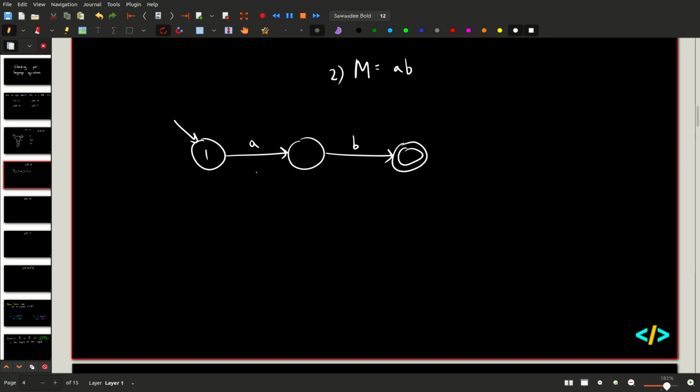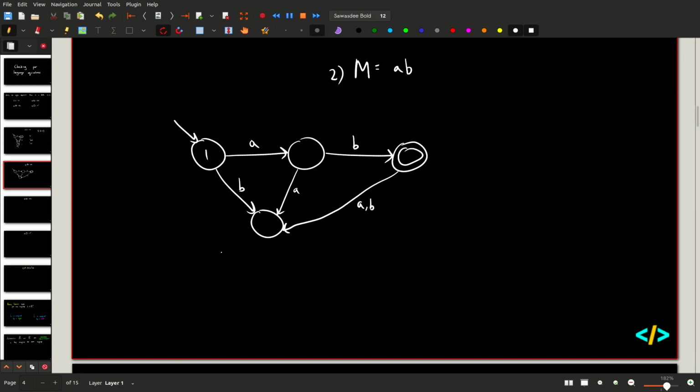Now we have to make it a complete DFA. So if it starts off with a B, it goes to a reject state. This would be our hell state. And if we have A followed by A, it goes to that reject state. And if we have B followed by anything else, it goes to the reject state, so A or B.